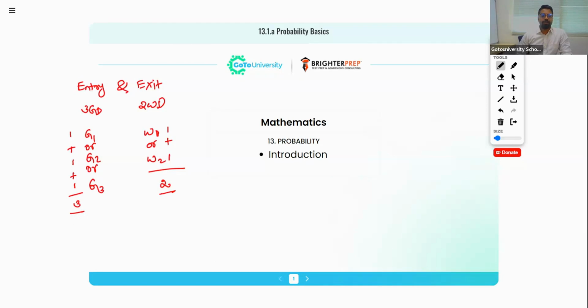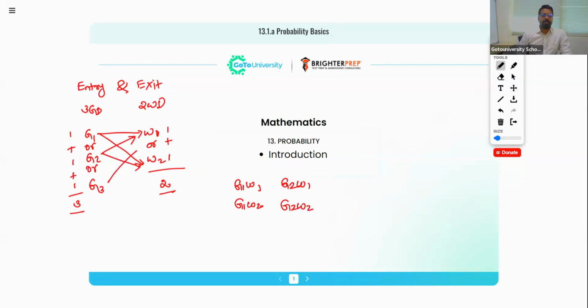So he can enter through 3 ways, he can exit through 2 ways, but if he has to enter and exit, for this entry, there are 2 ways of exit, right? I can write G1, W1, G1, W2. Now for the second door of entry, there are again 2 ways of exit, that is G2, W1, G2, W2.